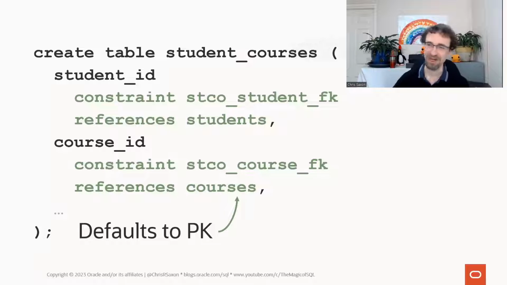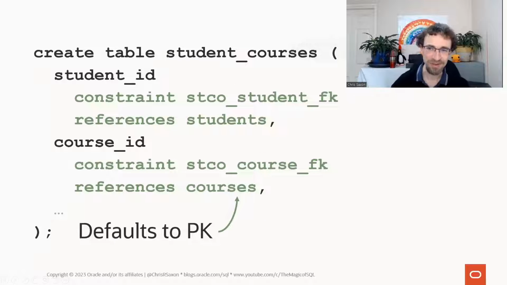So this is perhaps a clue that we might want to use primary keys as opposed to unique constraints, in that we can do this shorthand, but that's not really the answer, because foreign keys can also point to unique constraints as well, but we do have to tell it what it's pointing to. So we can default that, and we've got the courses table, and this foreign key points to the primary key of the courses table, ensuring there's a match there.